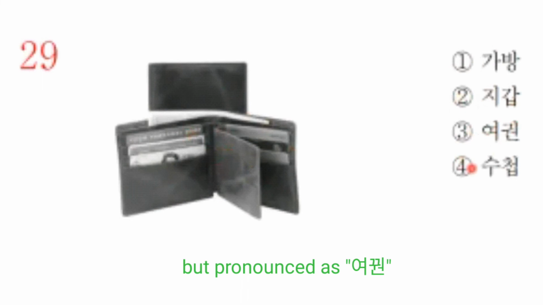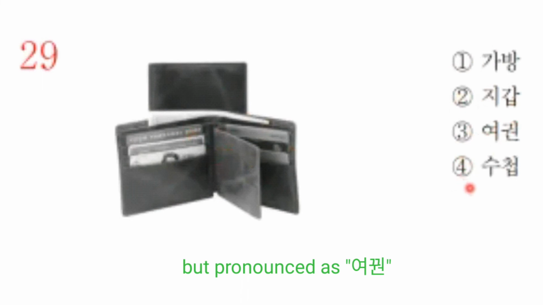It's wallet. Okay, so the answer for number 29 is number 2. 지갑. Okay, wallet. And number 3 is 여권. 여권 is what? It's passport. Okay, so passport is 여권. So it's not the answer.